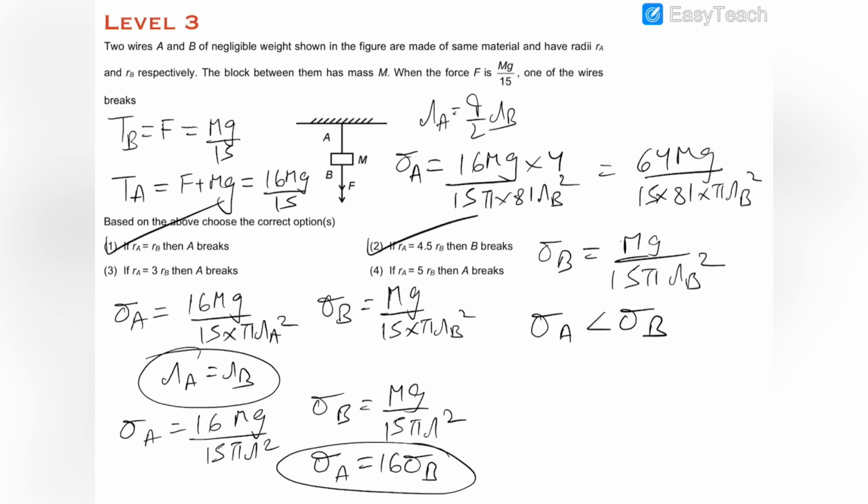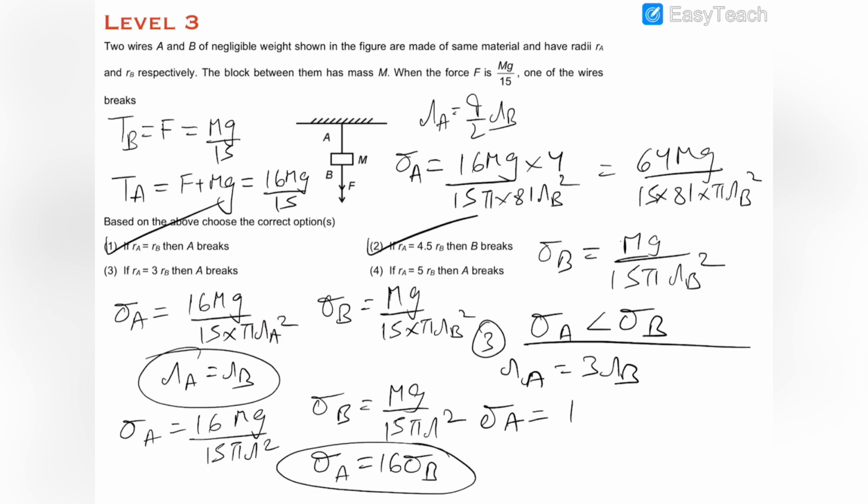And for the third option, if we check RA is equal to 3 RB, so sigma A will be equal to, I am putting the value of RA in sigma A. So RA is 3 RB. So this is 3 into 3, in fact 9 into 15.